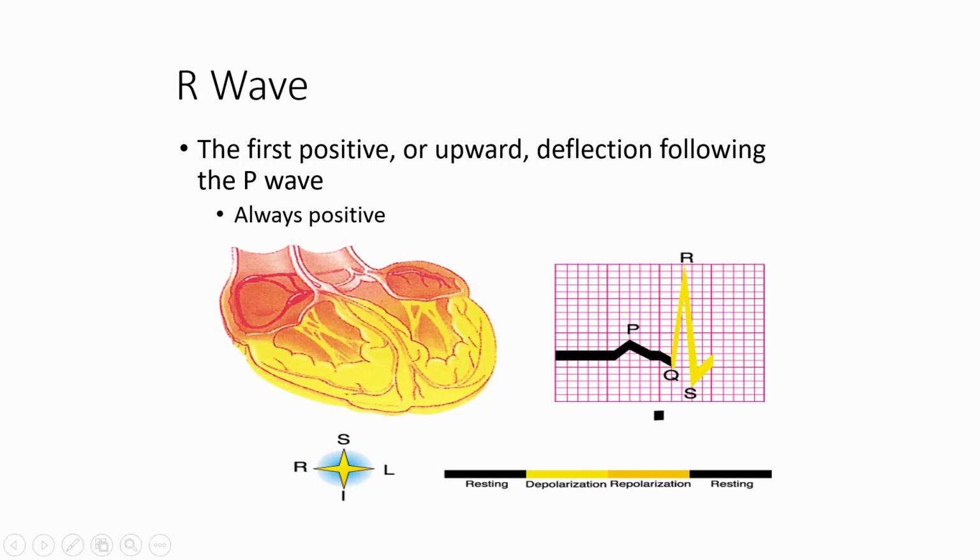Okay, and then you see where it starts to go downward, because remember, your Q wave is your first negative deflection, meaning it's going to be below baseline. So if baseline is right here, then this right here is your Q, where it shows it. Okay, so then what you're going to see is you're going to have a positive deflection. So this positive deflection, this is your R wave.